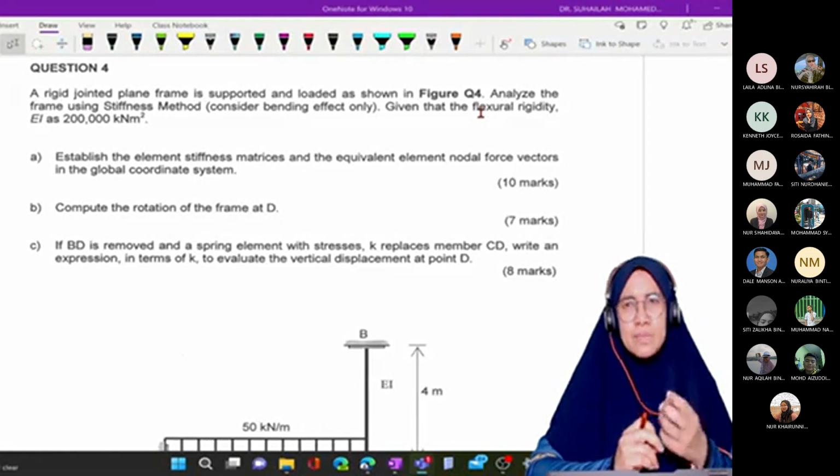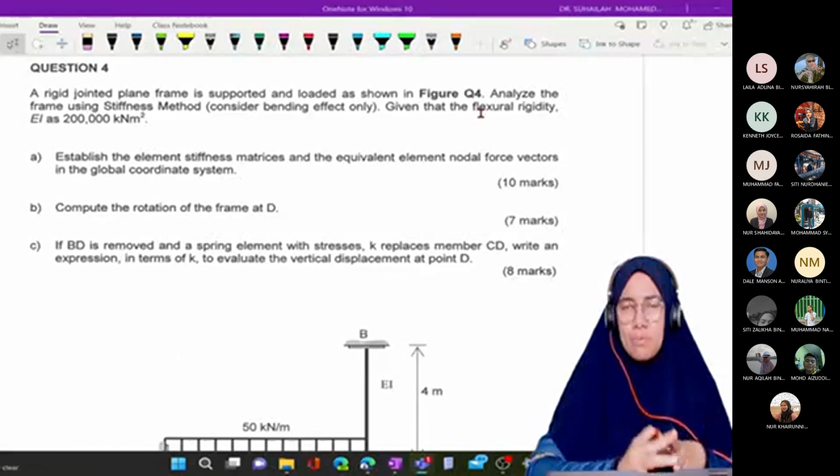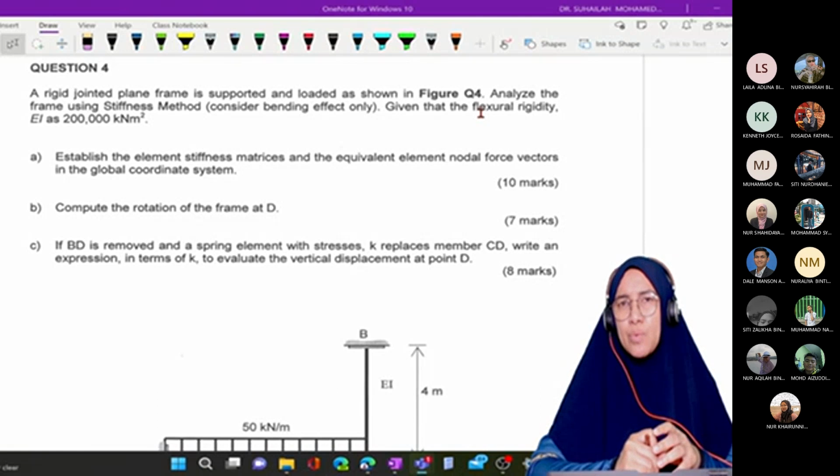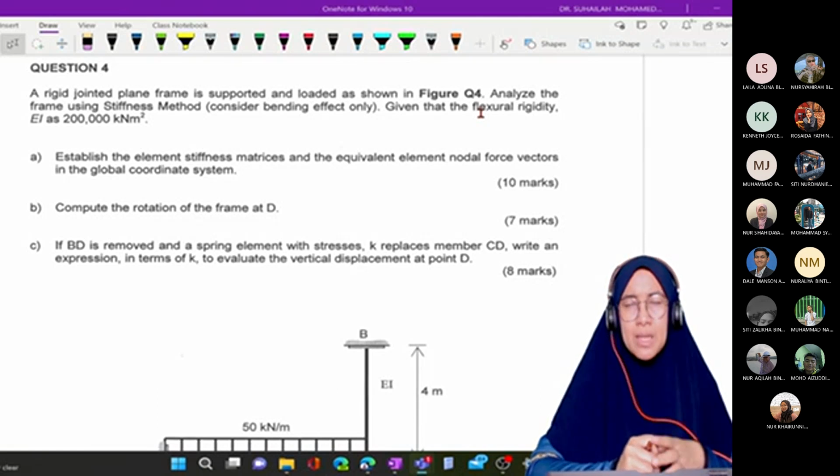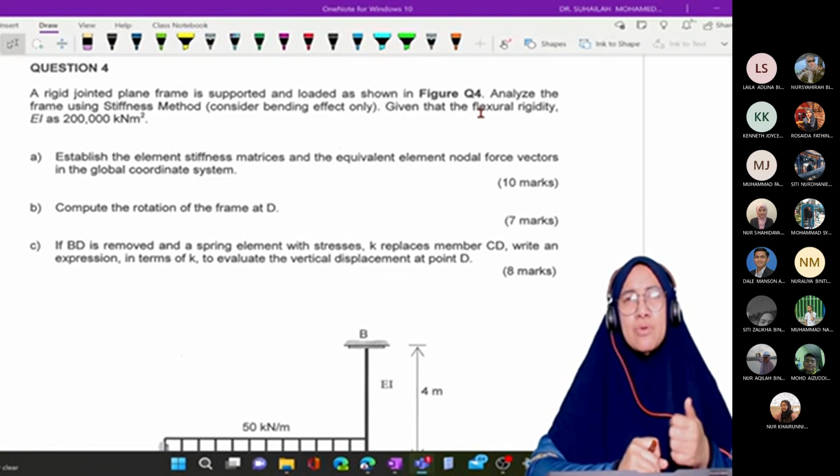For element stiffness matrix, we will use the formula given in the appendix, and then we have to combine to get the structure stiffness matrix. After that, we apply the force displacement principle, which is the stiffness equation, in order to calculate unknown displacement.